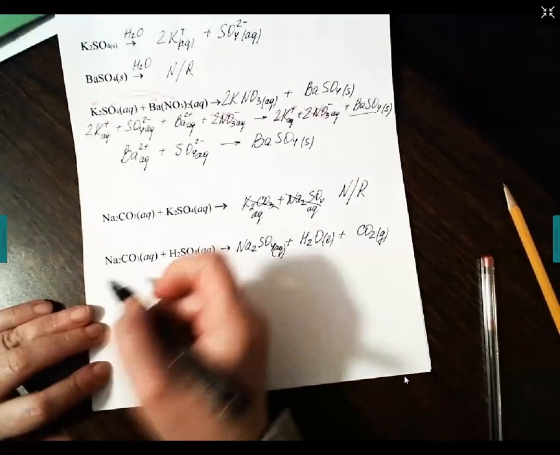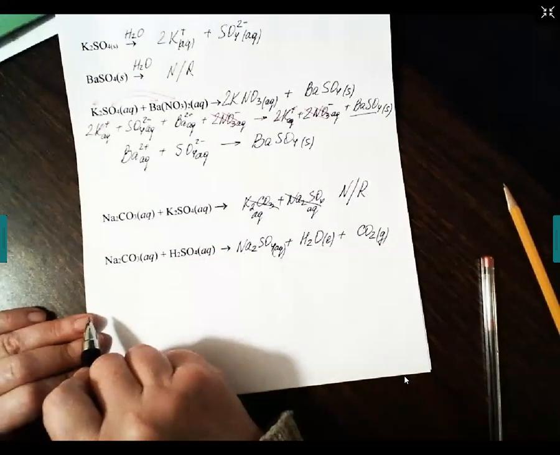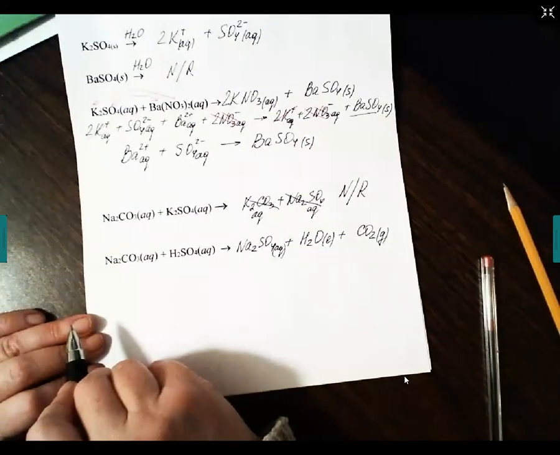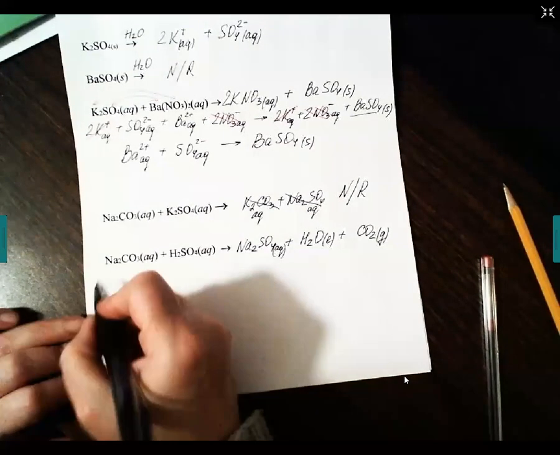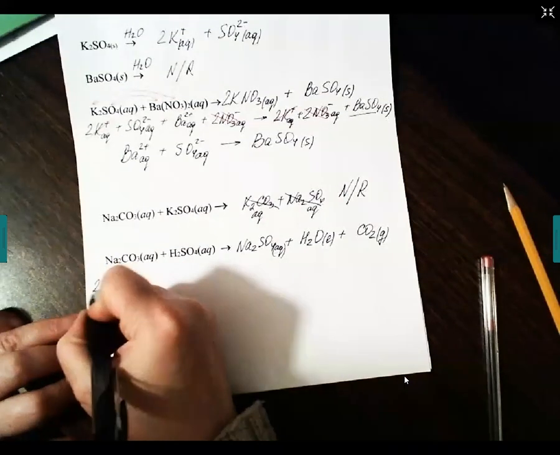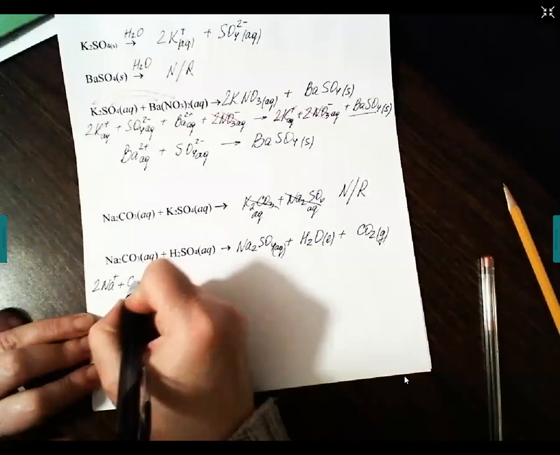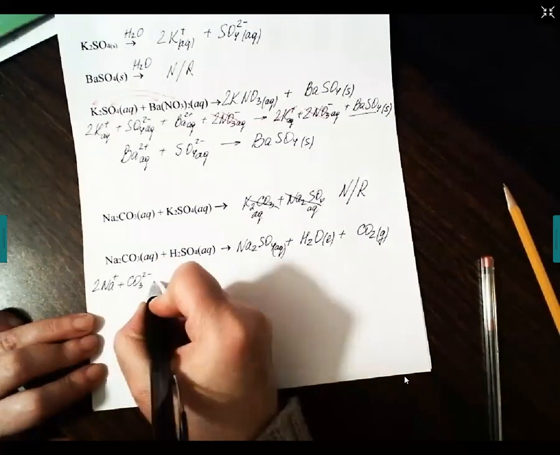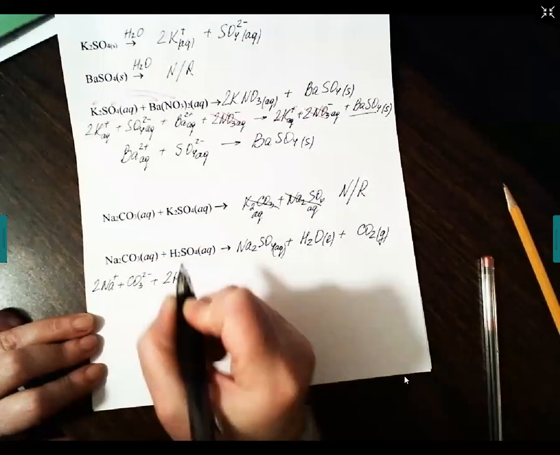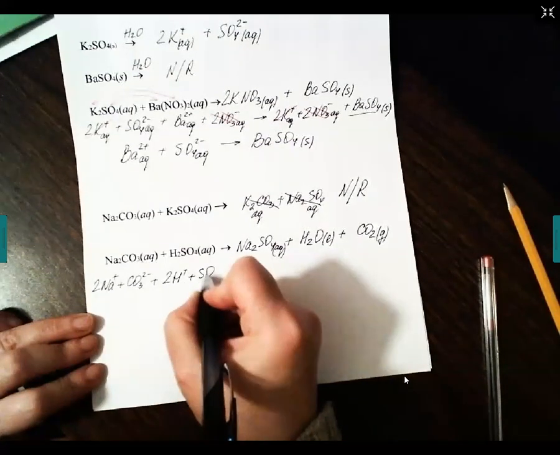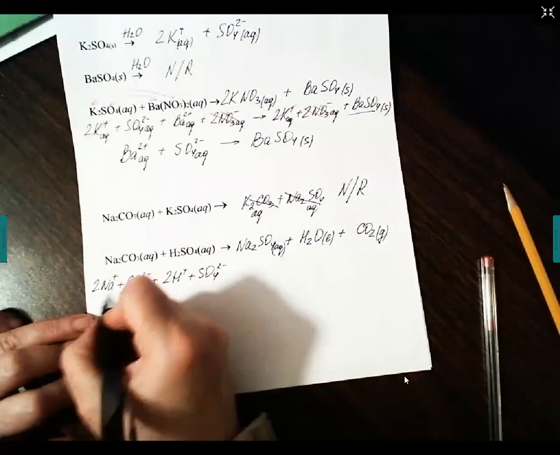We can start to write the complete ionic reaction. So this is soluble, so we are breaking it into Na plus, CO3 2 minus, plus 2H plus, SO4 2 minus, right?